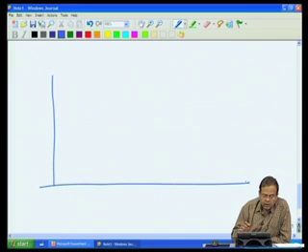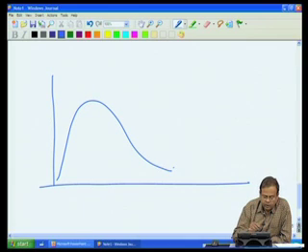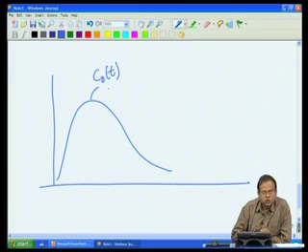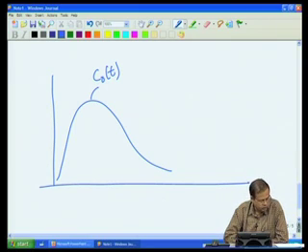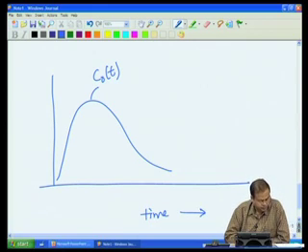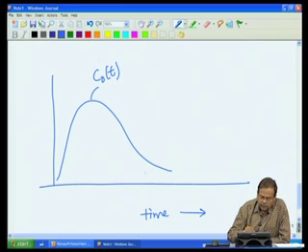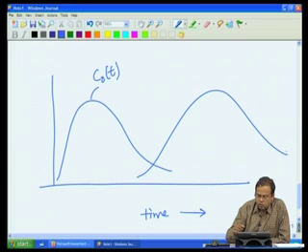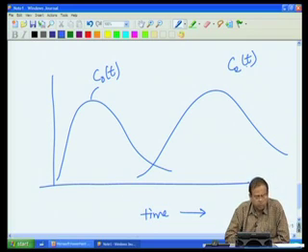Let us say that this is our input, which could be a function of time. So, I have time on this axis. And after some time, the fluid starts coming out. So, let us say that exit concentration profile is something like this.